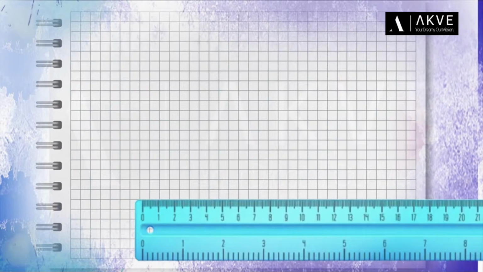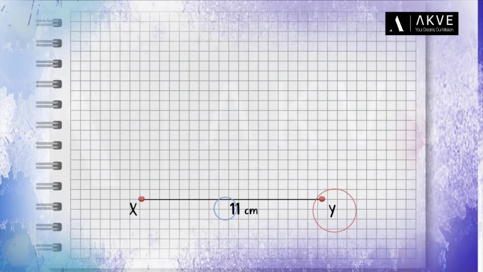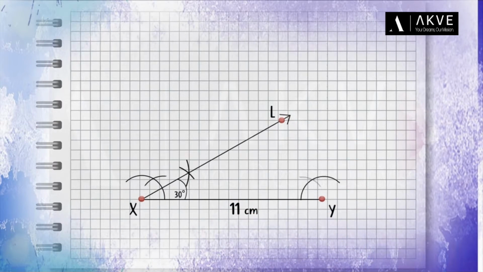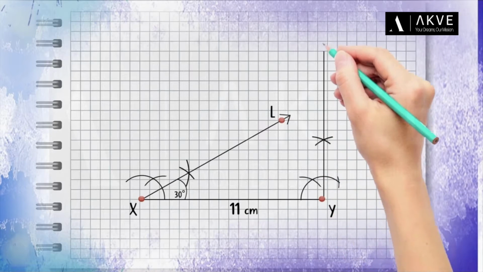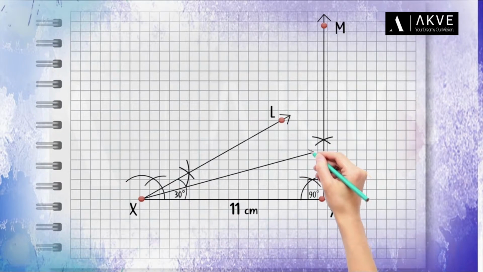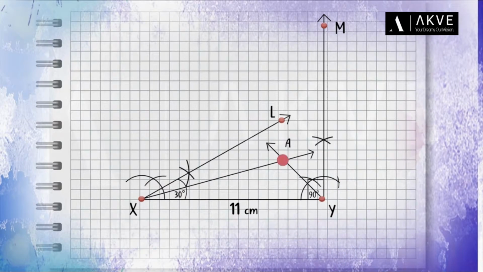Firstly, using a ruler, draw a line segment XY equal to 11 centimeters. Next, at X, construct an angle LXY of 30 degrees and at Y, an angle MYX of 90 degrees using a compass. Now, bisect these angles. The bisectors of these angles intersect at the point A. Next, draw the perpendicular bisector of AX.